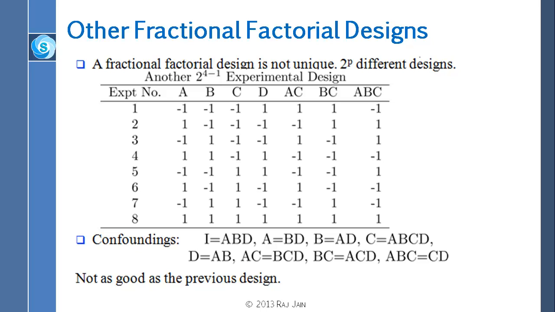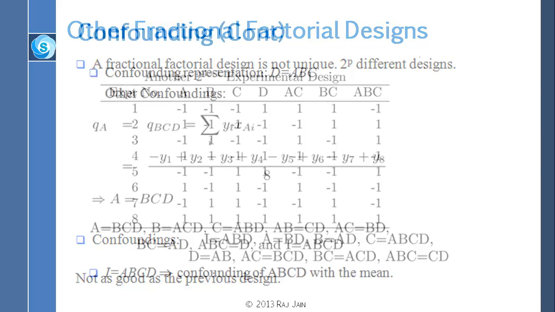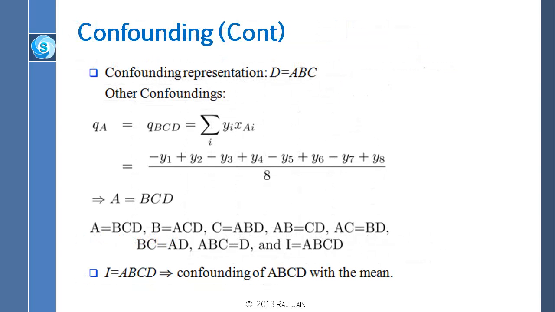Now the problem with this design is that most factors are confounded with the 2nd order, 2-factor interactions. Alright? In the previous design, most factors are confounded with the 3rd order interaction. Which do you think is smaller, 3rd order or 2nd order? Generally, 3rd order will be smaller than the 2nd order.